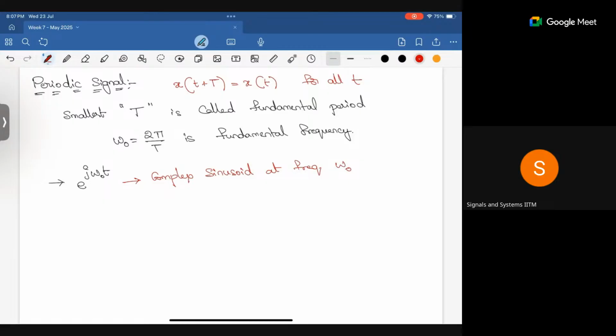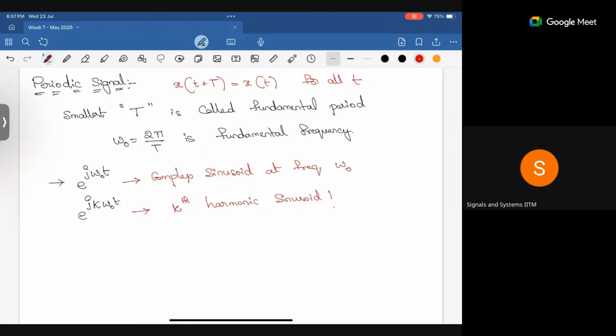And we are going to introduce one more phasor, which is e power j k omega naught t. Like you are taking the power of the complex sinusoid by k, you will get e power j k omega naught t. That is called the kth harmonic sinusoid.